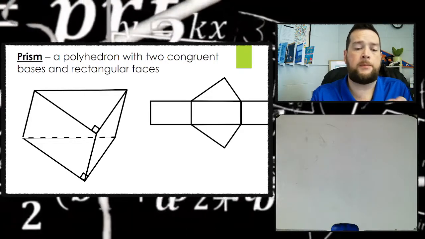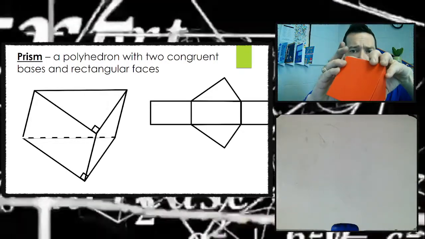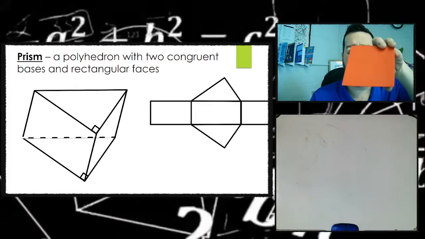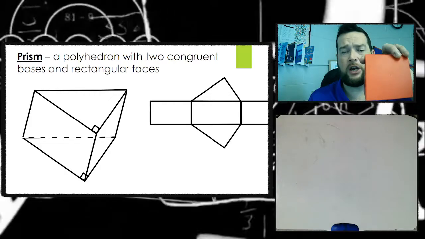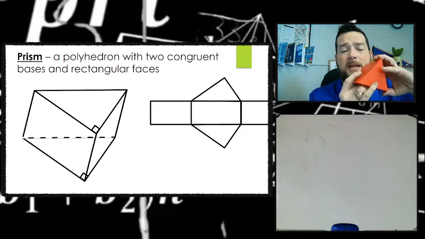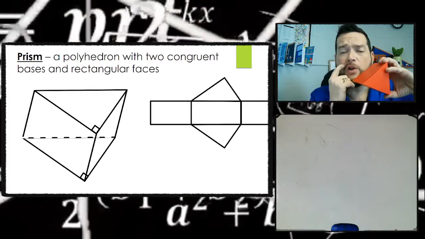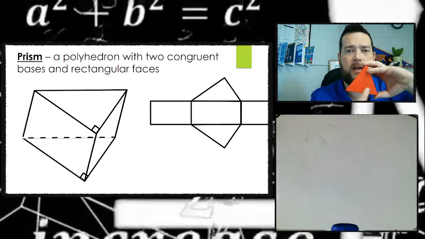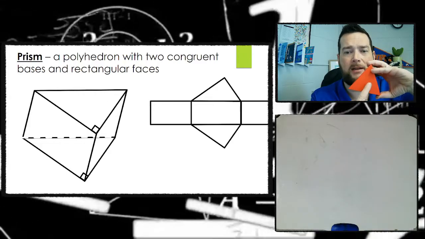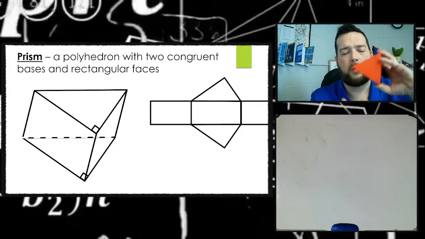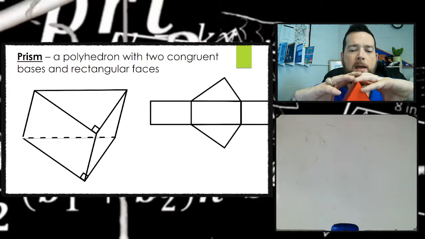So when you have a shape that has two congruent sides parallel to one another, then the next thing you need to do is find any shape on that is not a rectangle. If you find one, then that's automatically the base. So this right here, the triangle, is automatically the base because it's not a rectangle. It's a prism, right? And that's why we call this a triangular prism.